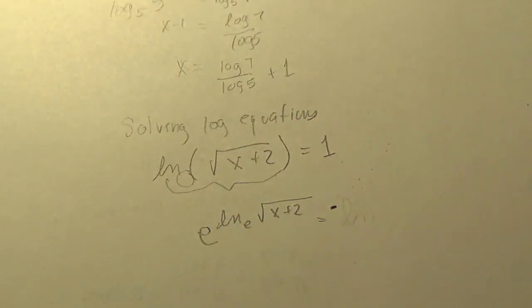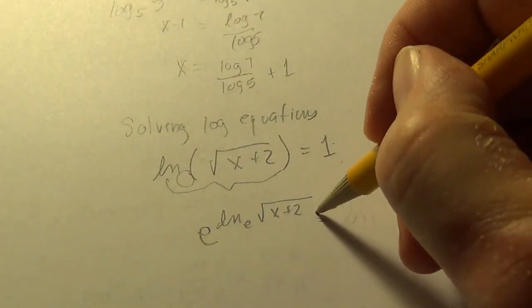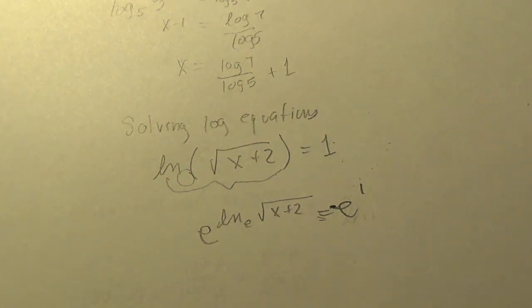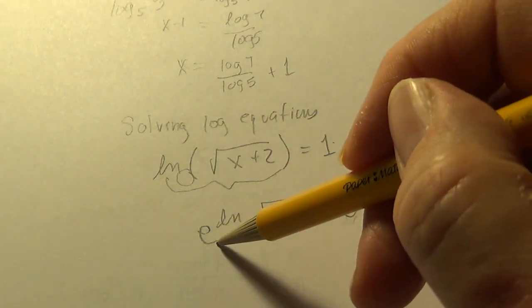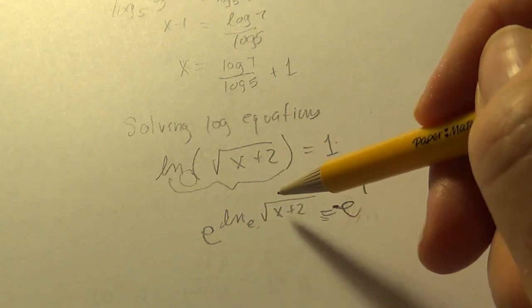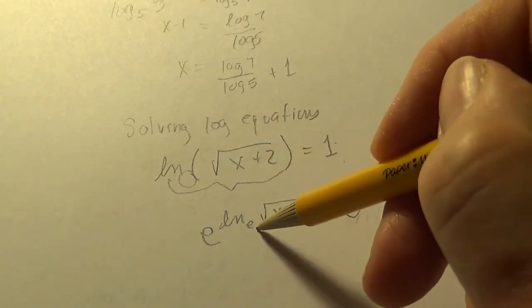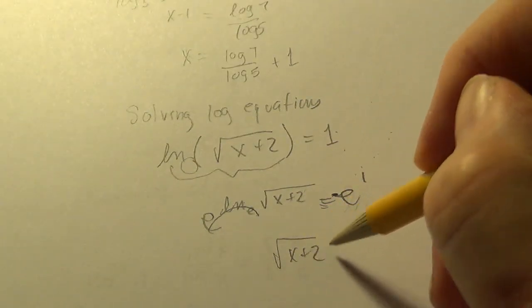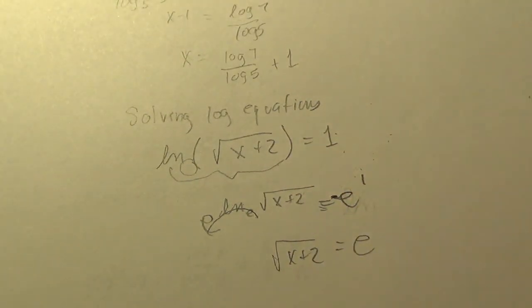So this becomes the exponent of e. Over here I'm raising e to the number that you raise e to get square root of x plus 2, which is square root of x plus 2, equals the number e.